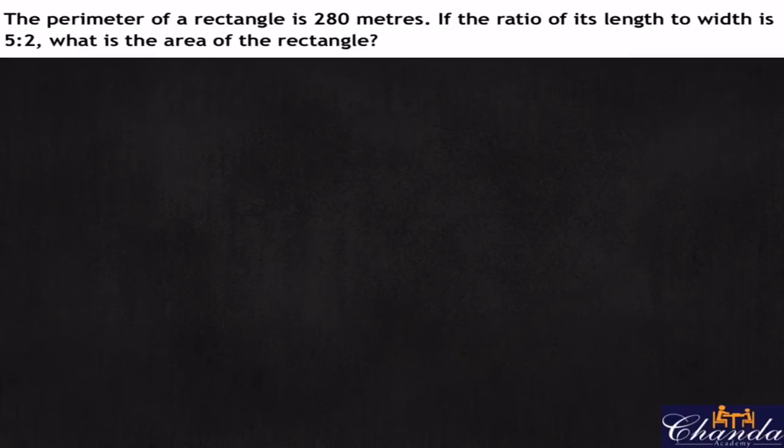This question says, the perimeter of a rectangle is 280 meters. If the ratio of its length to width is 5 to 2, what is the area of the rectangle? This is a bit of an interesting question. We have a rectangle with a perimeter of 280 meters. Let's call that length and let's call that width.